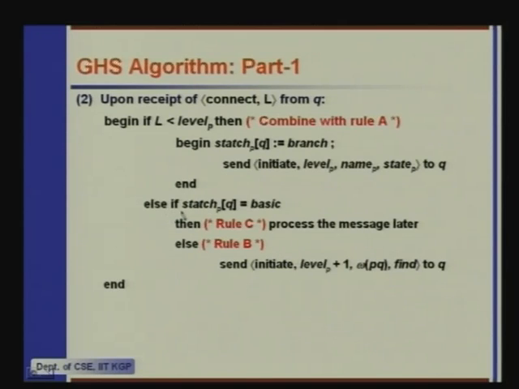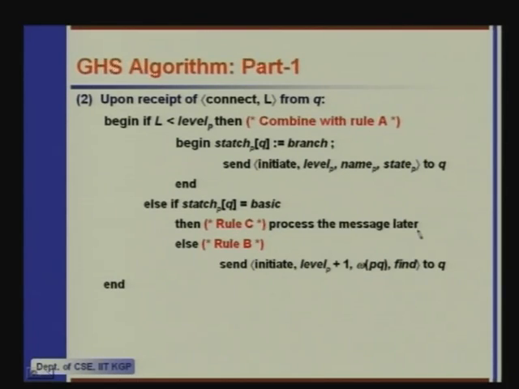So, if we find that the link so far between P and Q is still basic, in the sense that we still have not declared it to be a branch or a reject edge, then this is a case where a larger fragment is trying to combine with a lower level fragment.